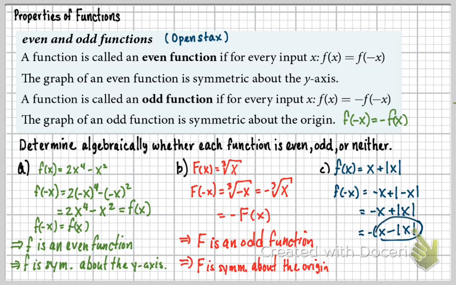This part right here does not match f of x, so it's neither negative f of x nor f of x. Since it doesn't meet either this condition or this condition, it's neither. So implies neither. Done.